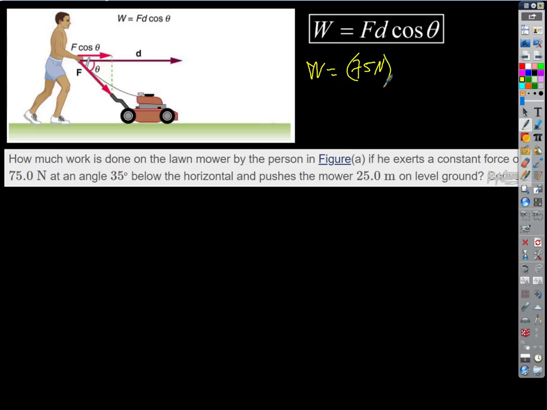His displacement is 25 meters. And we're taking the cosine of what angle? 35. Okay, throw it in your calculator. What do we get? What are the units? Okay, we'll get to that. So what's the numerical part?